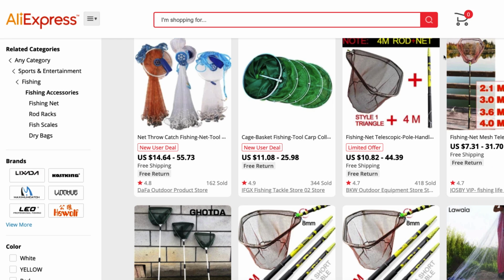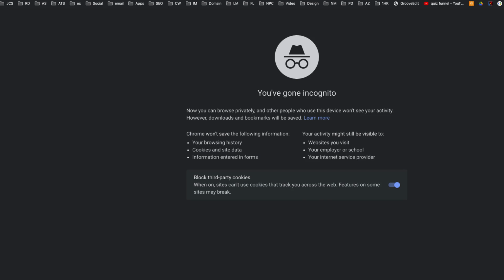So now, before I go on to another, we have apps that will import these products into your store. And the two of them are Oberlo and Dropshipping. Oberlo has a free version that you can use up to a certain number of products per day.